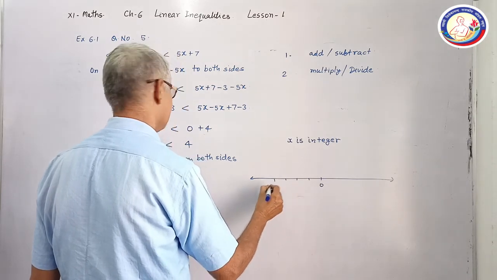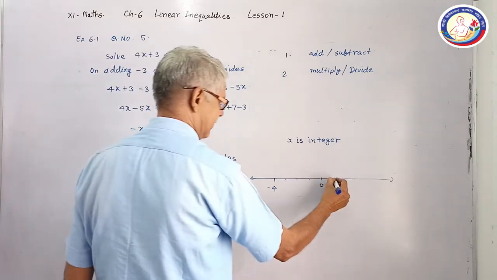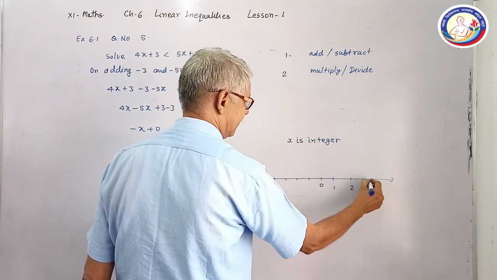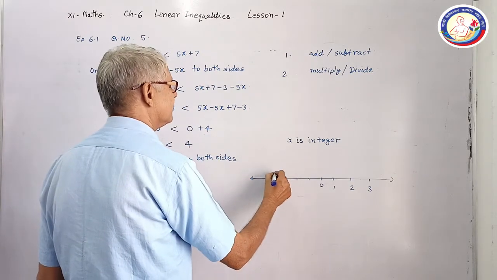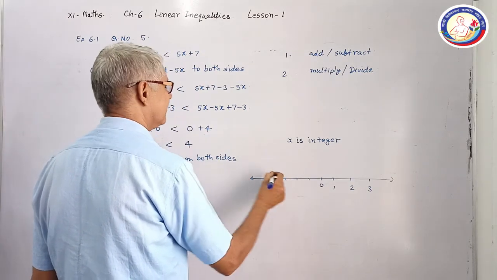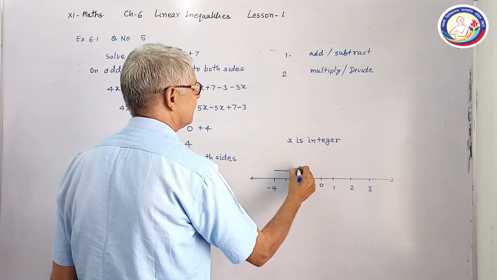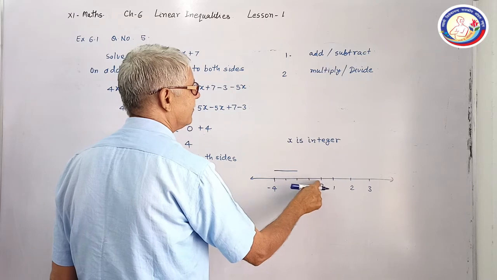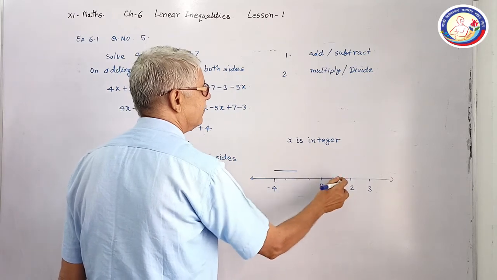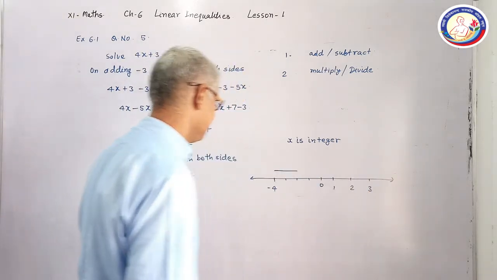This is minus 4, and 1, 2, 3. So x is greater than minus 4. So this is the solution: leaving minus 4, minus 3, minus 2, minus 1, 0, 1, 2, 3, up to infinite.